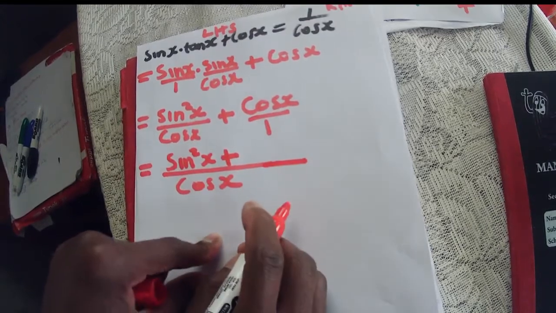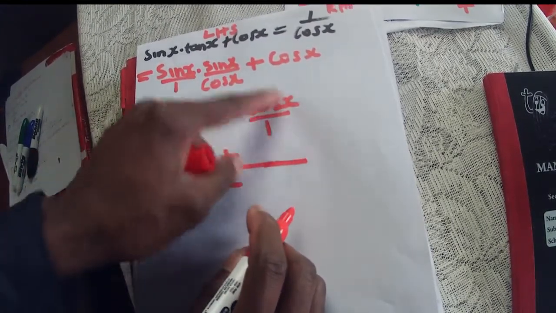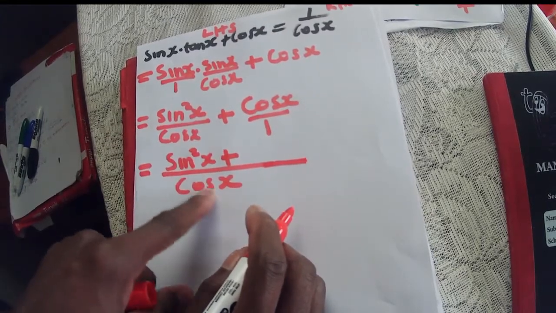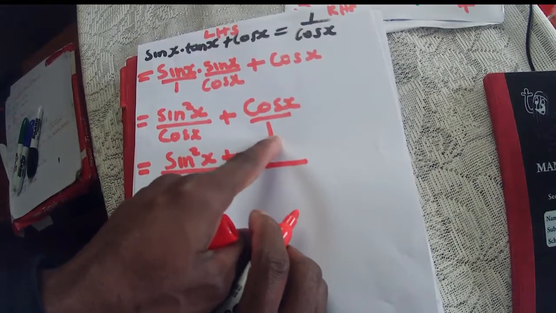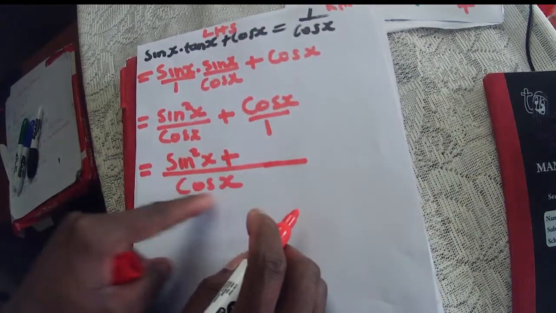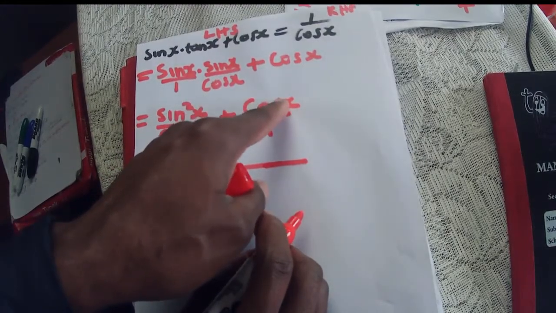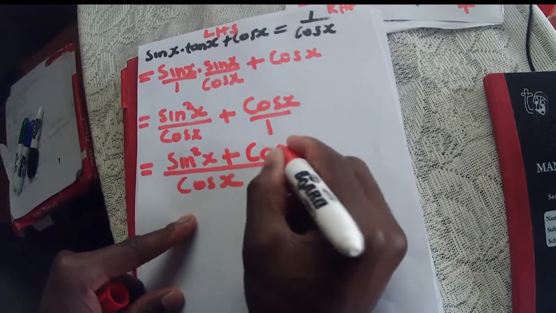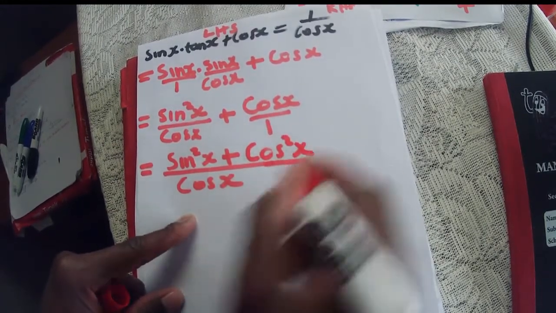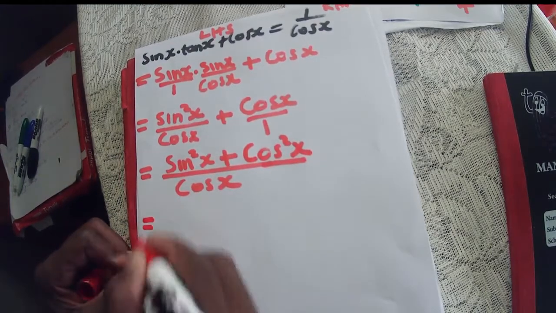All right, now we're going to repeat the same thing on this fraction. So I'm going to take this new denominator, divide it by this 1. The 1 has no effect, so I'm still going to remain with cos x. Then I take the cos x, I multiply by the cos x there. So it's going to be cos squared x. Okay, that is cos squared x.